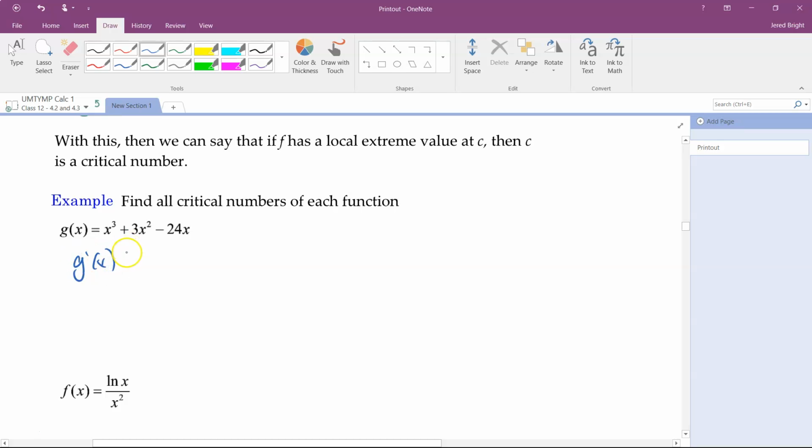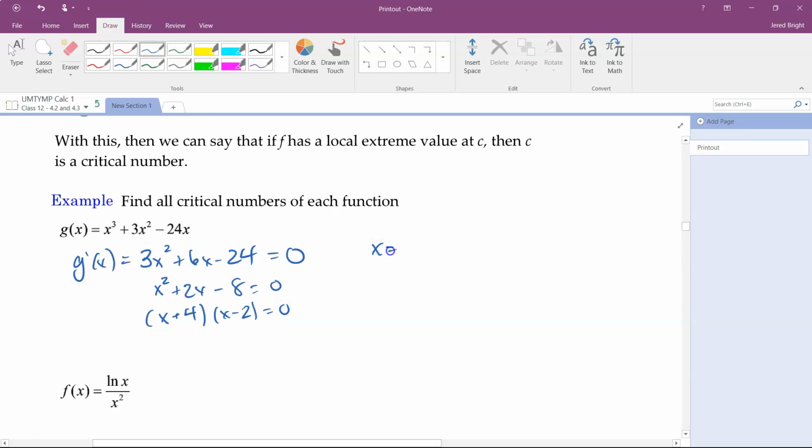So in our first example, we would have 3x squared plus 6x minus 24, and we would set this equal to 0 to find the critical numbers. We'll actually divide everything by 3: x squared plus 2x minus 8 is equal to 0, and I can factor this: x plus 4, x minus 2 is equal to 0.